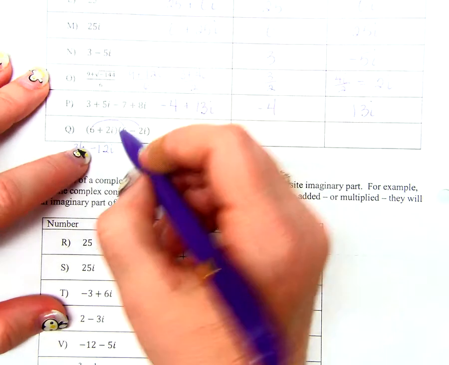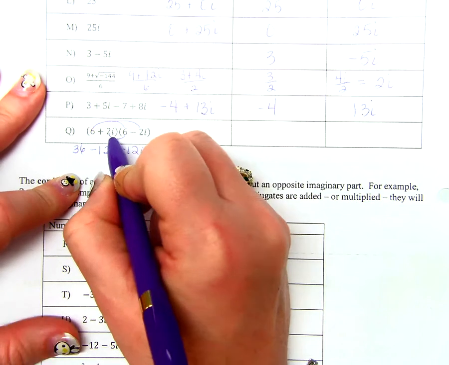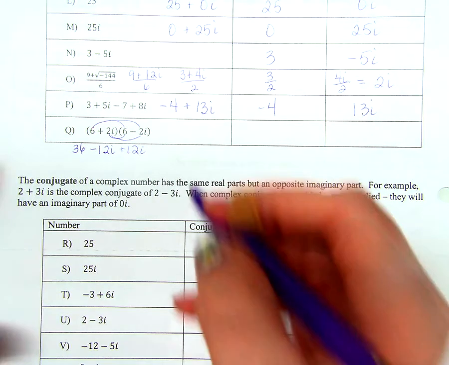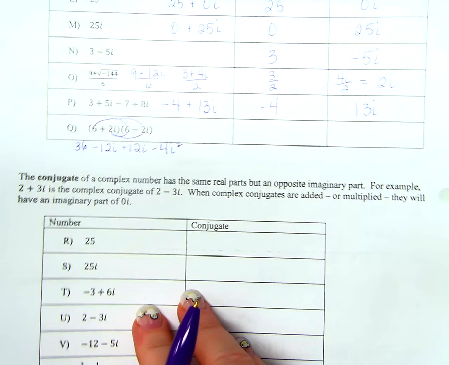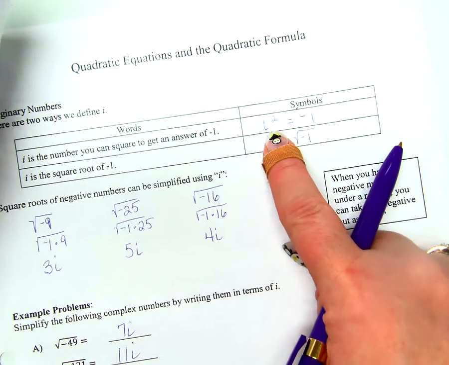Okay. Then we have 2i times 6. So plus 12i, and then 2i times negative 2i. Here's the trick. It's negative 4i squared. But what does i squared equal?